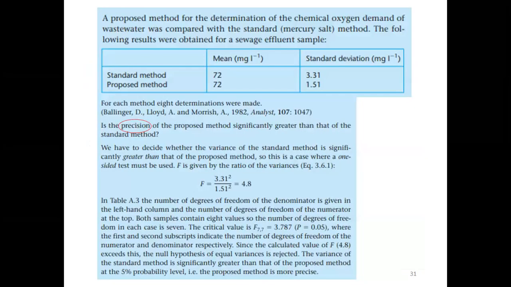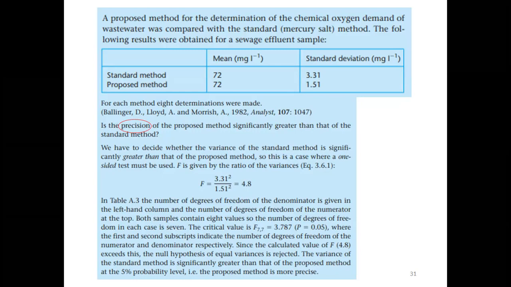Let's move back. The critical value of F is 3.787, and the calculated value is 4.8. So the calculated value, 4.8, is greater than the critical value, 3.787.